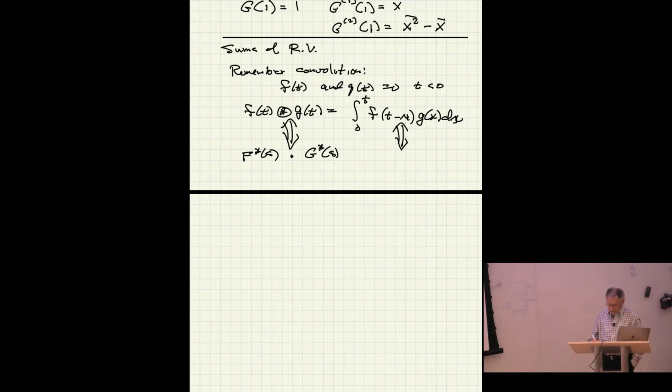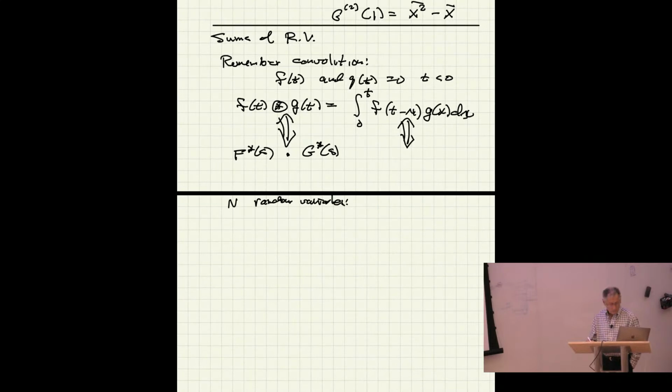Now let's consider n random variables. This was for 2. And let's write it as following. Let's assume we have a random variable y, which is the sum of n x's. It's x1 plus x2 plus xn, capital N of them.